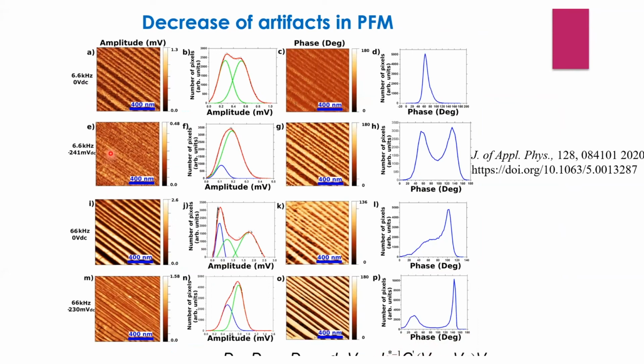Here we have an example where we measure at 76 kilohertz with 0 VDC applied, and we can see the domains, the amplitude, and the phase. And if we apply this voltage, we can see the difference: in amplitude we can see the domain wall, and the distribution of the domains is very clear in the phase.